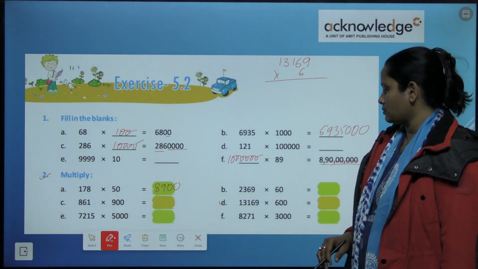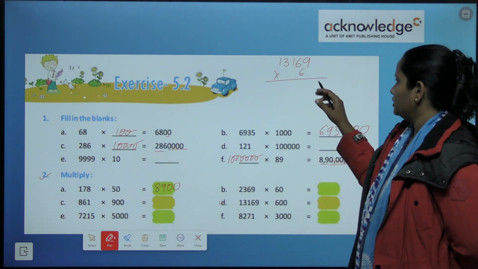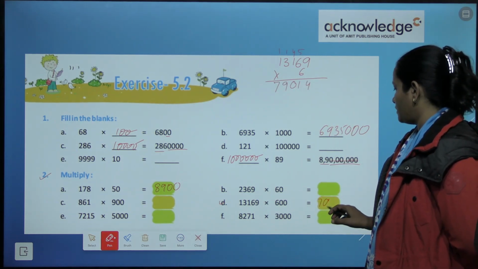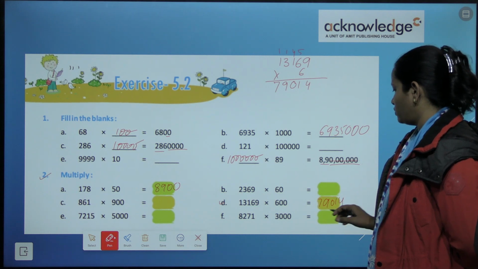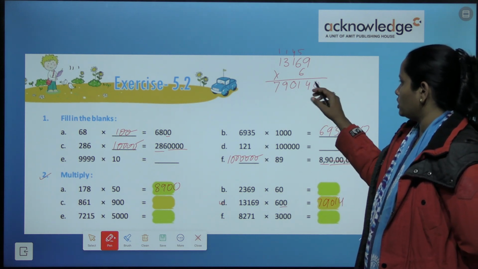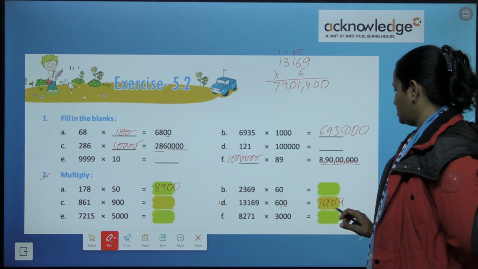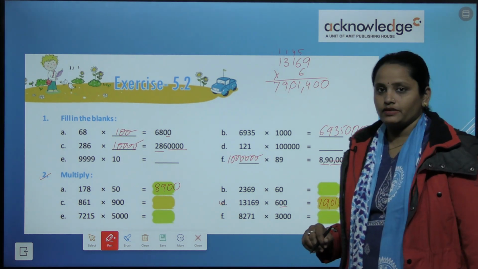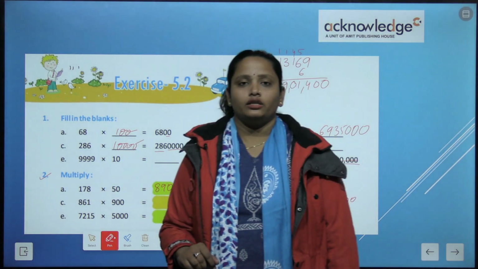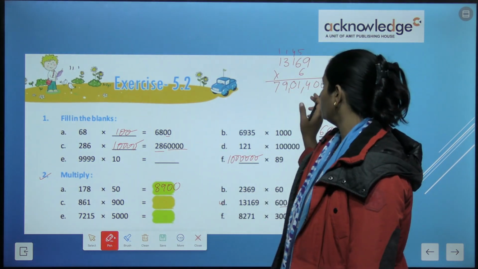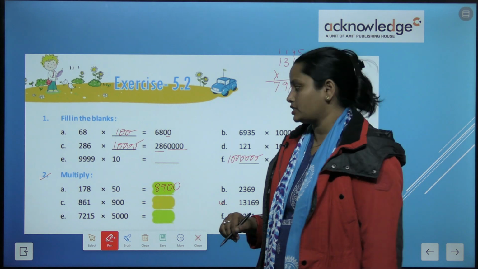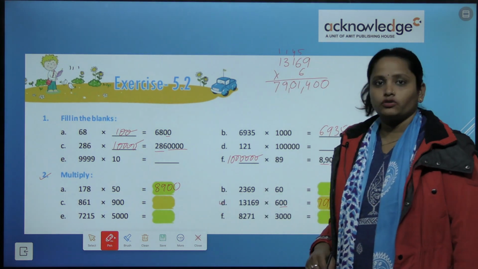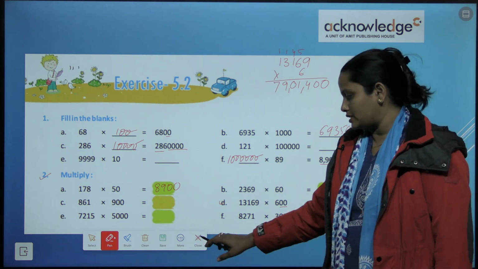So जब हमने इसे 6 से multiply किया तो the answer will be, so children this is the answer that we get 79014. अब कितने जीरो थे 2, तो ये 2 जीरो हम इसमें insert कर देंगे. So here the answer will be 79,01,400. I hope this is clear. Similarly, you have to find the answer of the rest of the questions that are given here. ऐसे हमें multiply करना है.